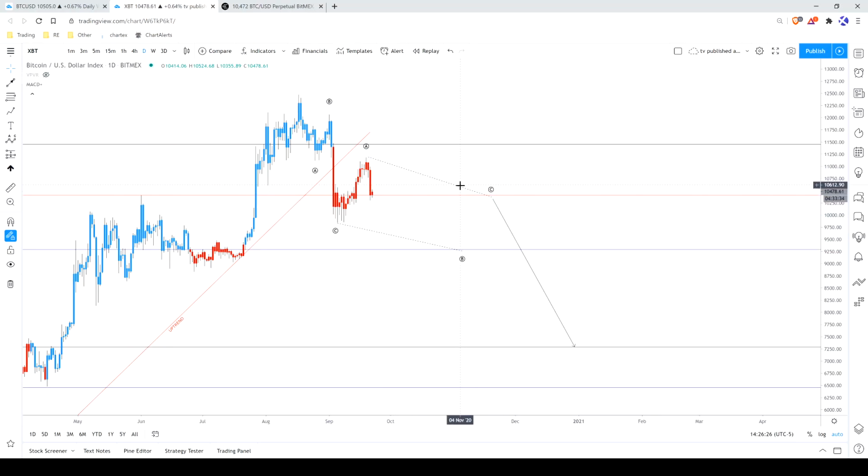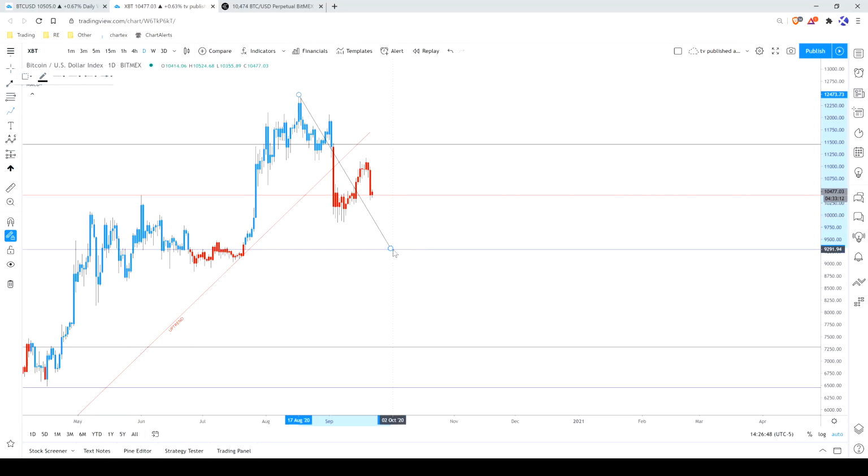Right now, I would say that my primary is continuation down, where we are more in a single move right here, and we probably test this 9,300 point of control before it bounces.